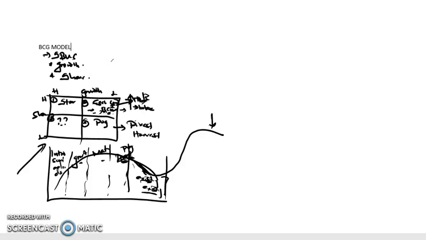Now, the maturity step over here would be the cash cow, star would be here, and question mark would be here. So everything that we conventionally do as we progress from step to step would apply as though it were in this BCG model.